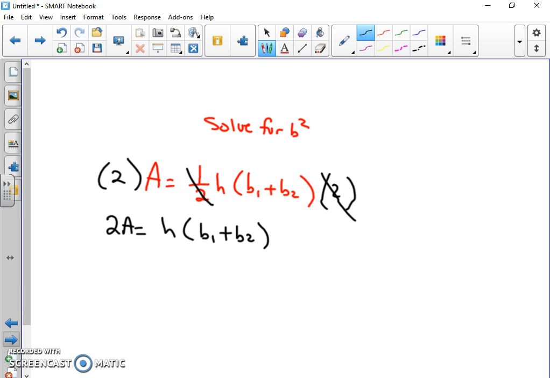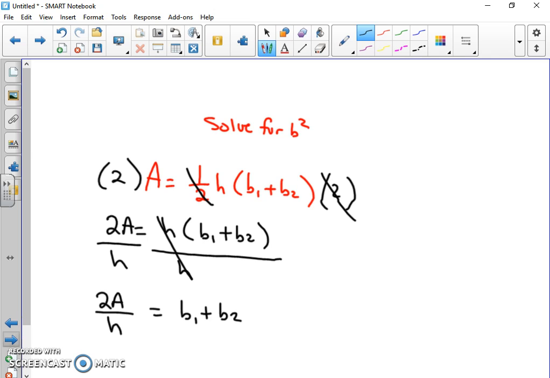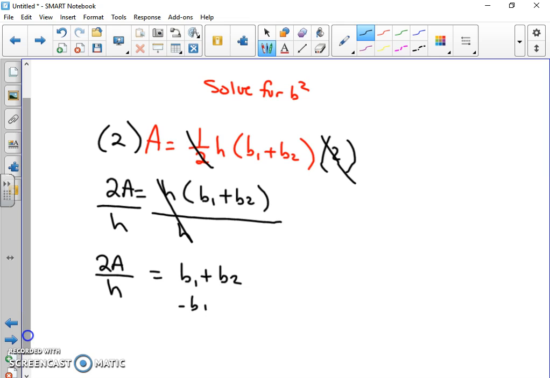Okay, and still got to work our way to B2, but we can get rid of this multiplication right here. So let's divide both sides by H. So then we have 2A over H equals B1 plus B2. And now we want to get B2 by itself. So we're going to subtract B1, which would give us 2A over H minus B sub 1 equals B sub 2.